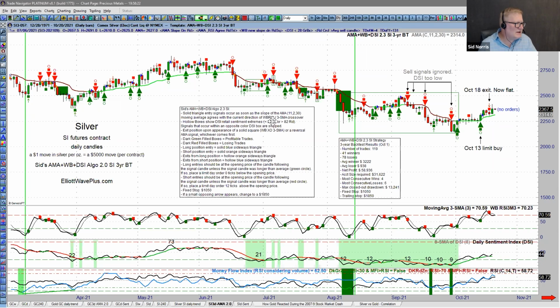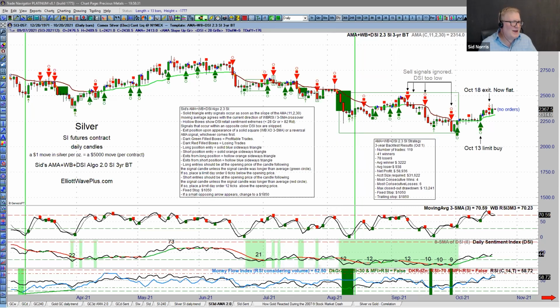Anytime the DSI is below 28 on silver, and we backtest based on these thresholds, it refuses to take a new short trade because it just doesn't backtest well if you do, going back over the last 3 years. So anytime the DSI is below 28, you get a green zone down here.